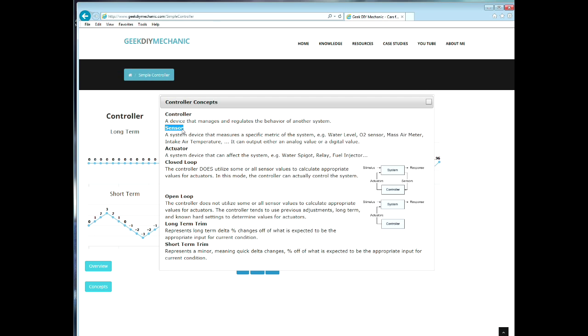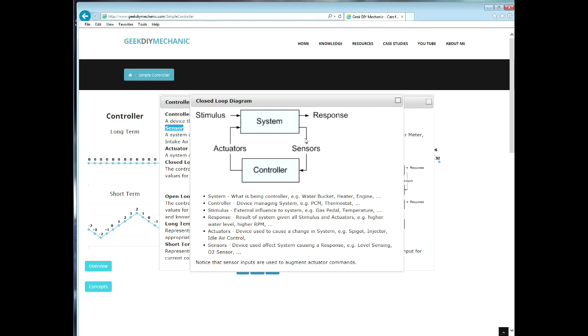This is an interesting topic. Let's go back to this diagram. When I discussed my previous example, notice I started at sensors as input. Because sensors are being used by the controller, this is called closed loop, because it's using the current state of the system to adjust its behavior. Is the engine speeding up, slowing down, and where do I want to go? Is it higher RPM than I want to be?